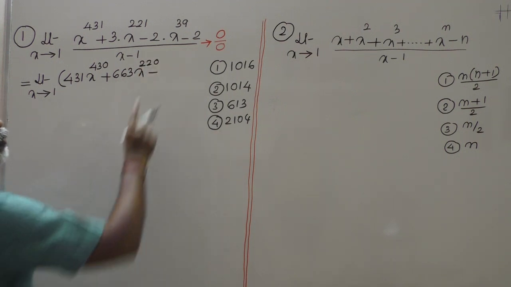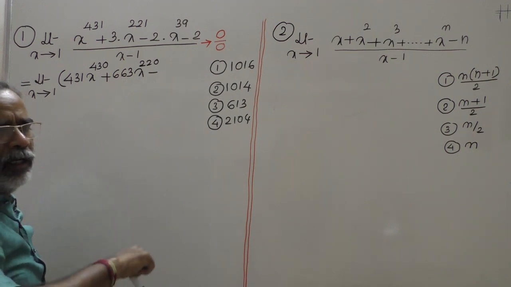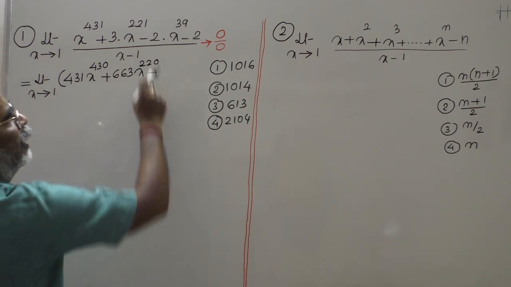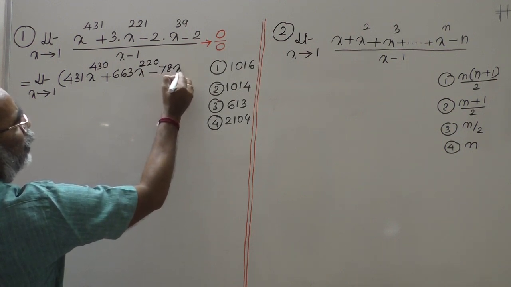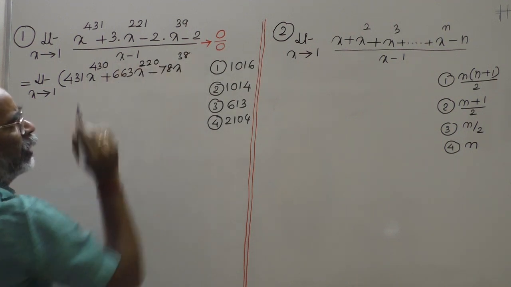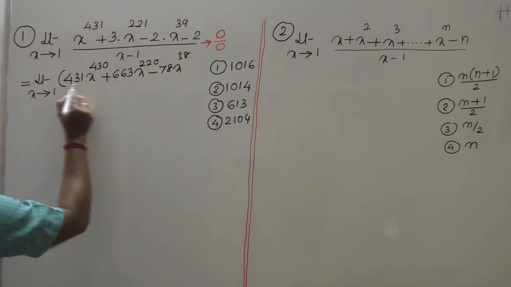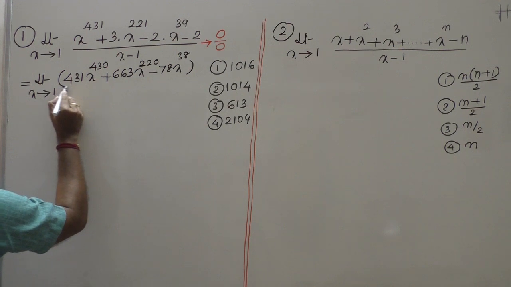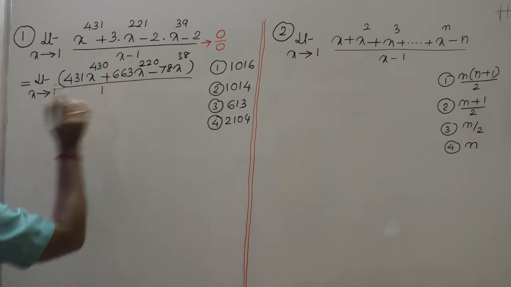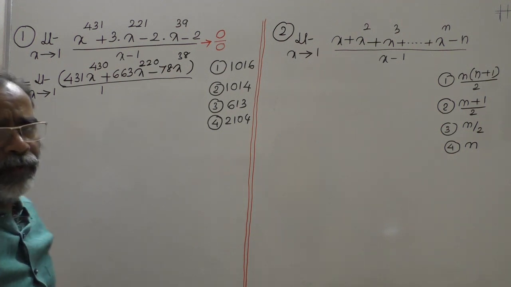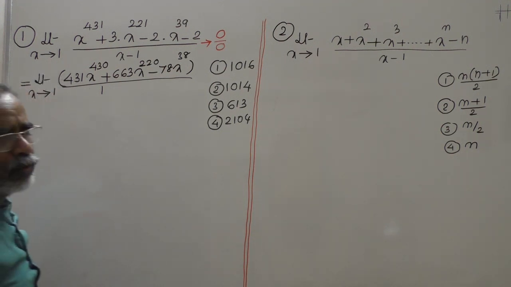Minus 2 into x power 39, whose derivative is 39 into x power 38. 39 into 2 is 78 into x power 38. Minus 2 is a constant, derivative 0. Differentiating the denominator, x minus 1: the derivative of x is 1 and the derivative of the constant is 0. So we have applied L'Hospital rule.